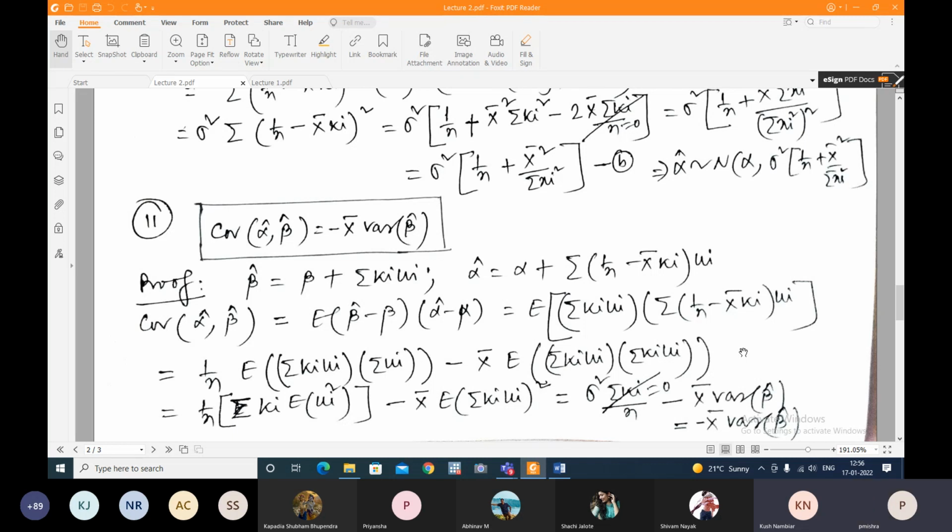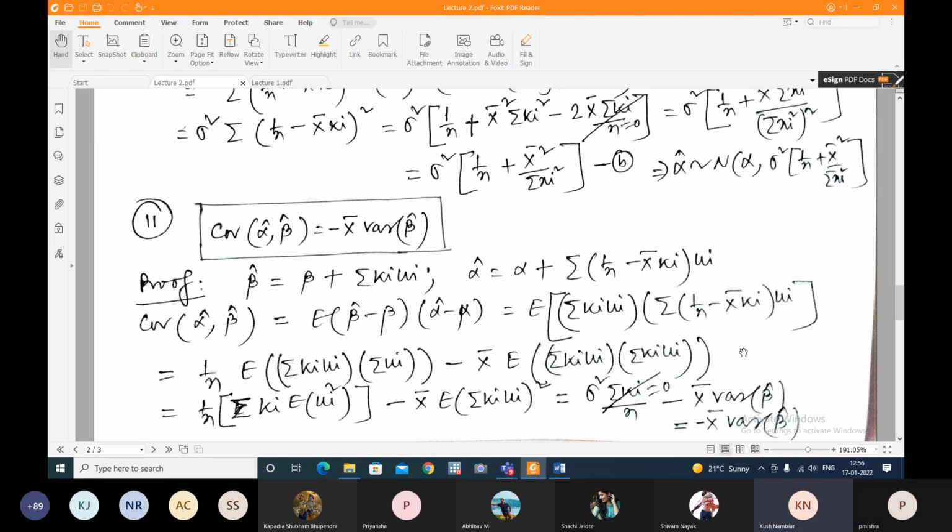After estimation, we'll test if the assumptions are holding. If the assumptions are holding, then these estimators will be unbiased, efficient, and consistent. If they are not holding, we'll apply some remedial measures to ensure that they hold. So this is one approach from estimation point of view.